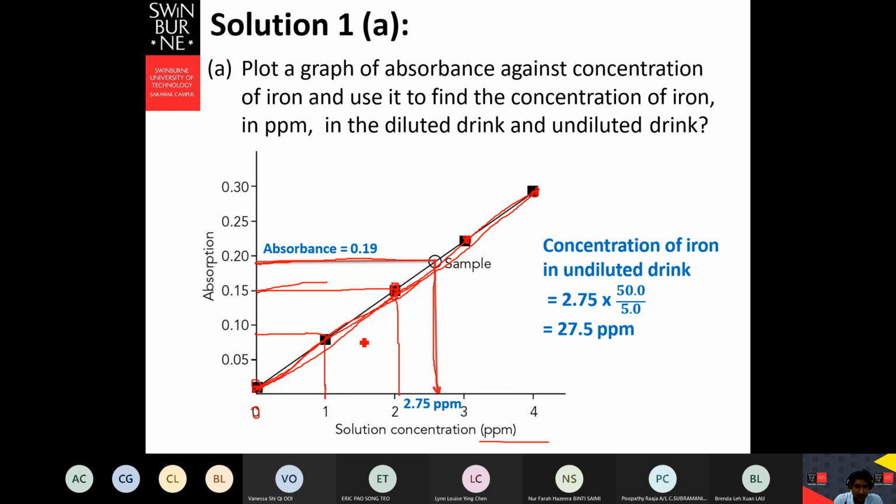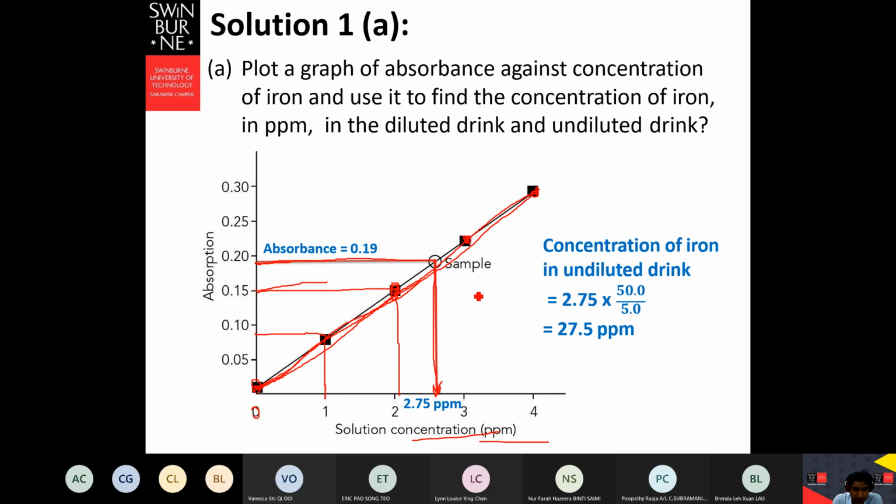So we get the concentration at 2.75 ppm, because I drop it down here on this axis, which is the concentration, where the line touches, which is 2.75 ppm.